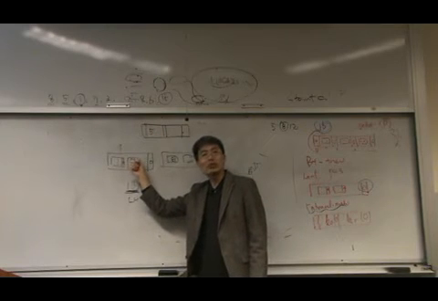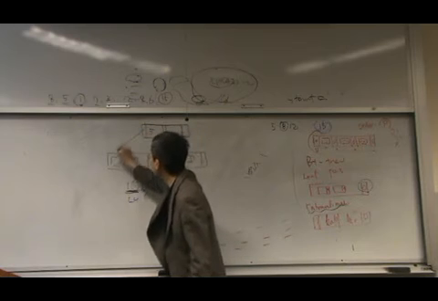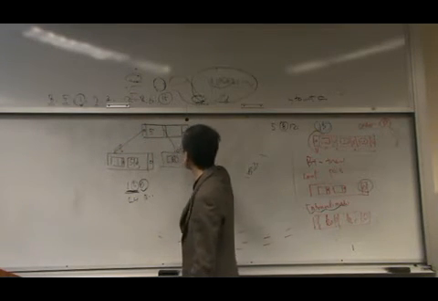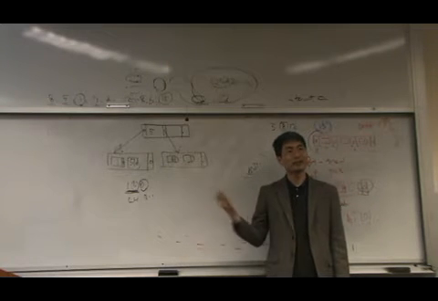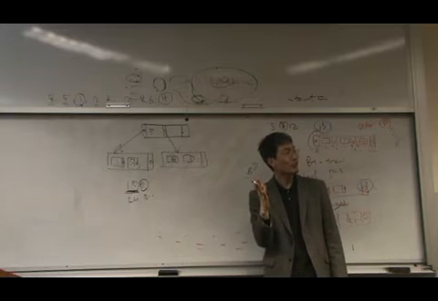Instead, 5 is located in the leaf node. Then, equal or less than 5 goes to this one. This is a children pointer. Bigger than 5 goes to here. That's it. Do you understand the difference?